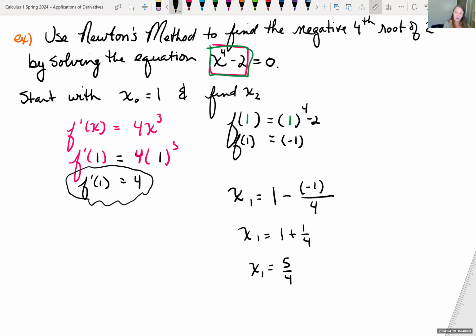So I would go through and I would do the same process. So I need to evaluate my derivative at 5/4. So let's go back in and plug it in. So I have 4 times 5/4 quantity cubed.